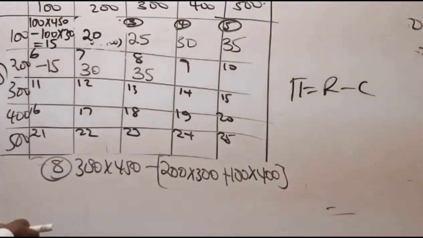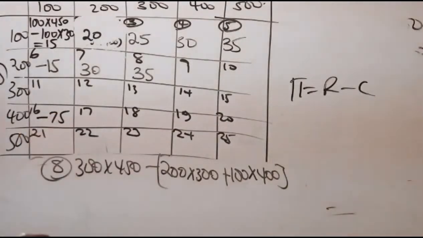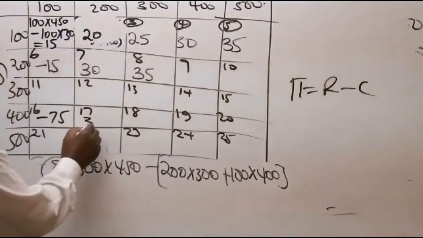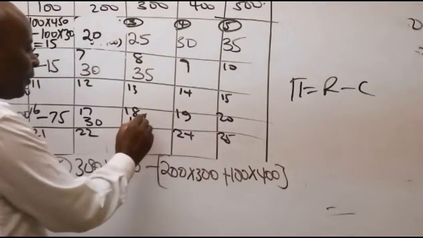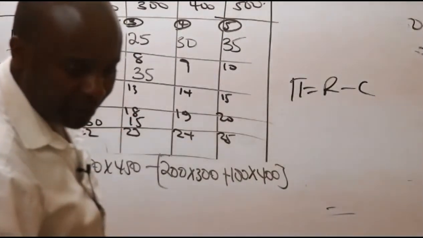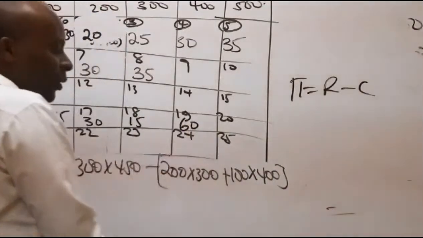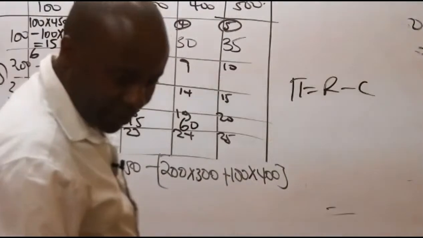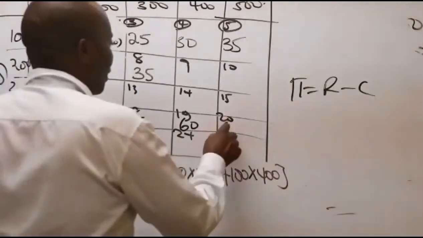So cell number 16, they're telling me it is negative 75, right? 17 is 30. 18 is 15. 19 is 60. 20, cell number 20, is 65, that is Lokai now.